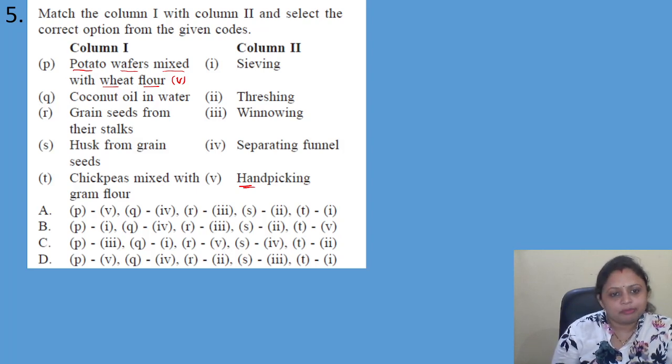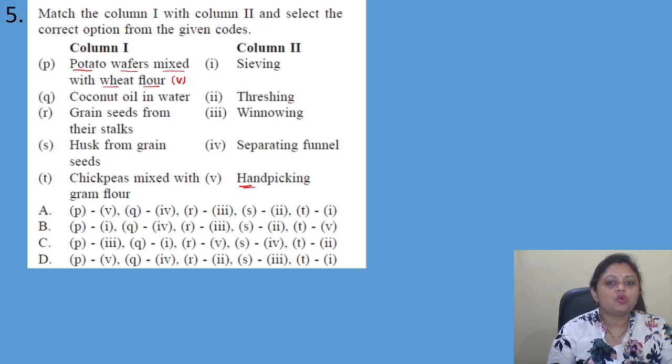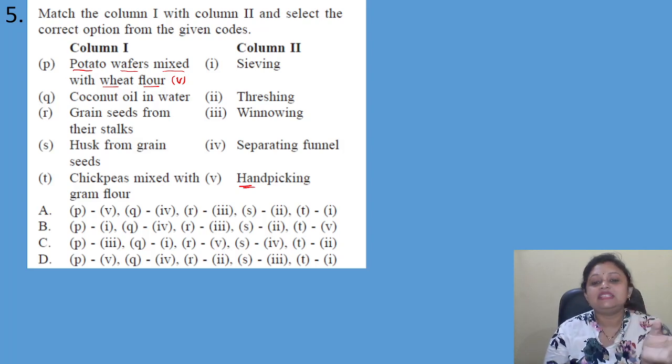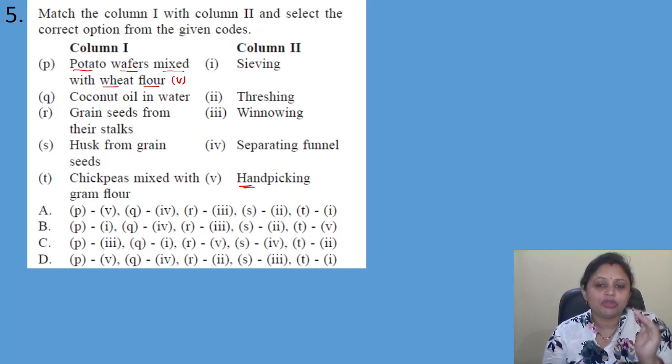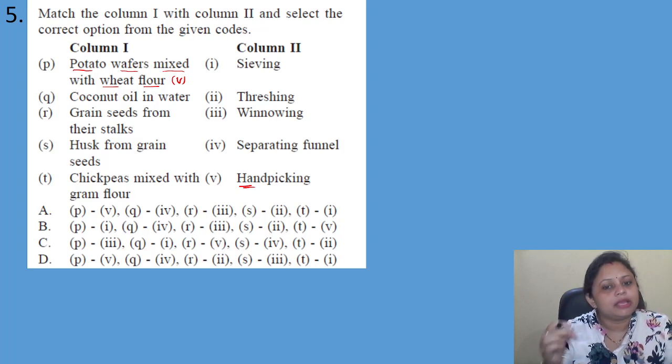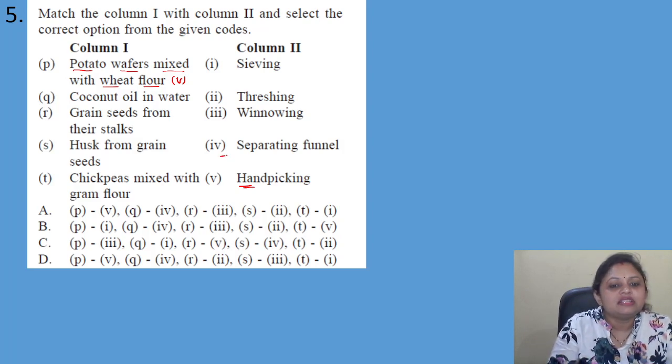So we can write B5 here. Then coconut oil in water. So coconut oil and water, these are immiscible liquid. वो immiscible liquid है, वो mix up नहीं होते. Okay. And the technique which we follow to separate the immiscible liquid, that is the separating funnel. Okay. So here I can write 4.